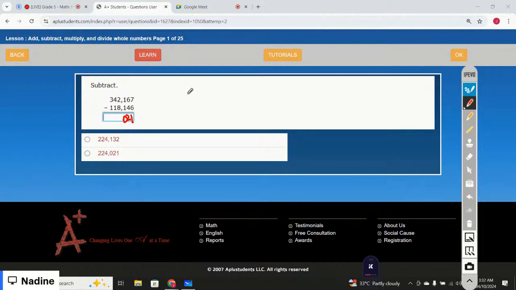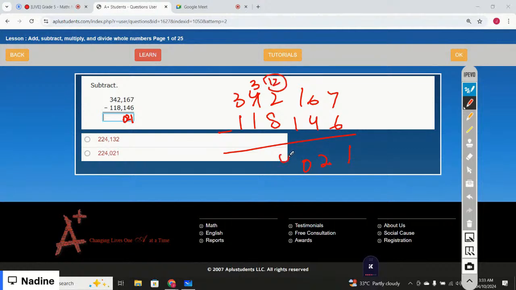Let me just write it here. I cannot write this small. 7 take away 6 is 1, 6 take away 4 is 2, 1 take away 1 is 0. You cannot subtract 8 out of 2, you need to borrow 1. 12 take away 8 is 4, 3 take away 1 is 2, and 3 take away 1 is 2.